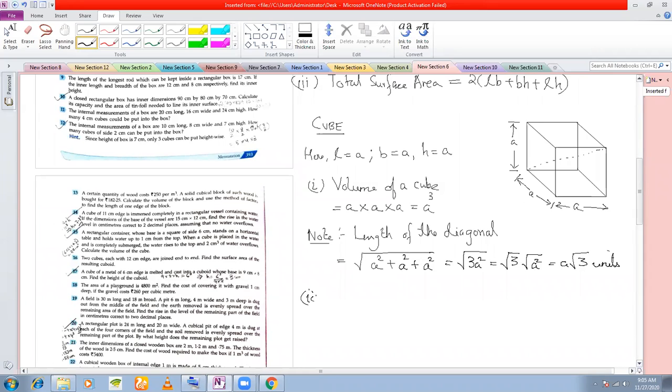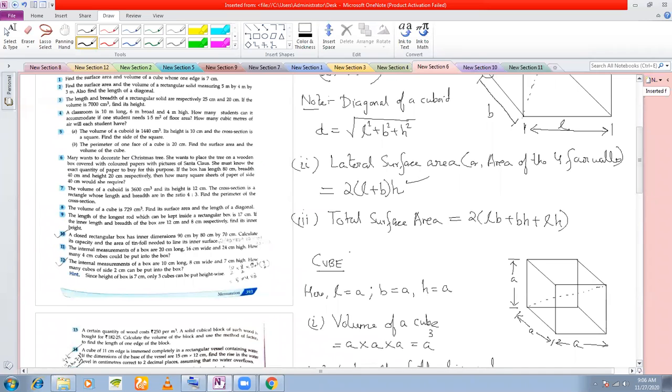Next, lateral surface area or area of the four walls. Area of the four walls is equal to, in the case of cuboid, what is the formula?